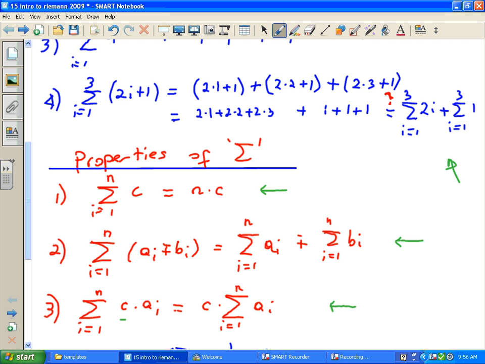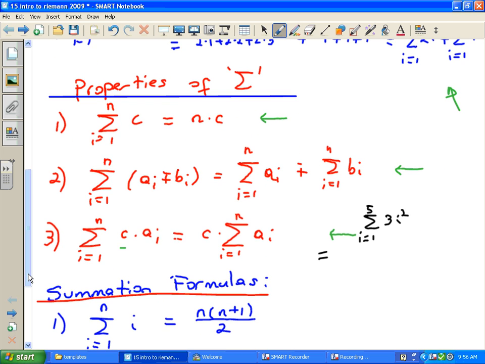Now, let me show you a very quick example of this one. Let's say that we have summation of 3 times I squared as I goes from 1 to 5. How would you expand that? It's 3 times 1 squared, right? Plus 3 times 2 squared, correct? All the way to 3 times 5 squared.